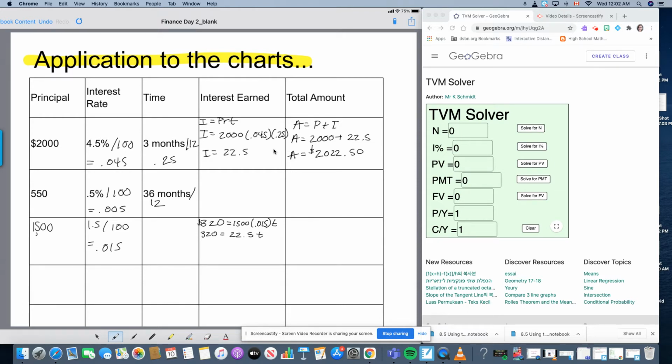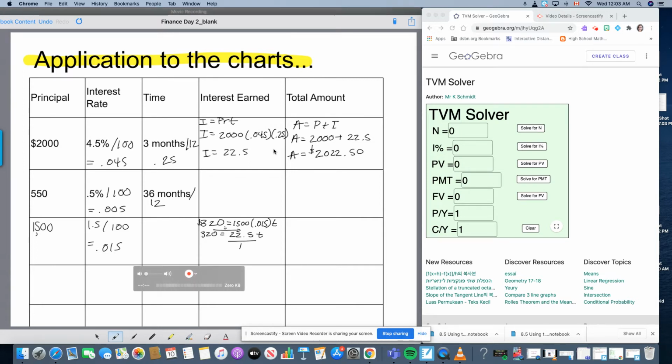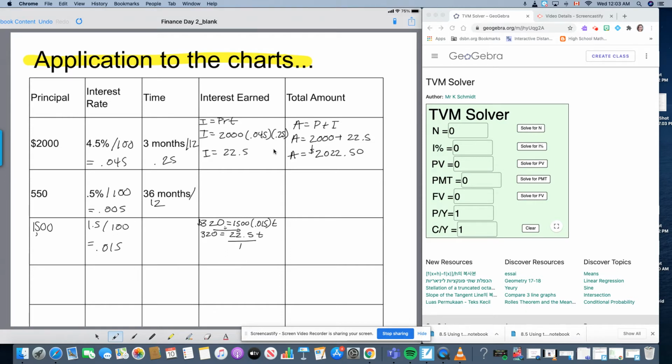And then depending on the way that you want to solve this, you're going to put this over 1. If you like the box method, right, you're going to divide this way. So that 320 divided by 22.5 is going to give you 14.22.